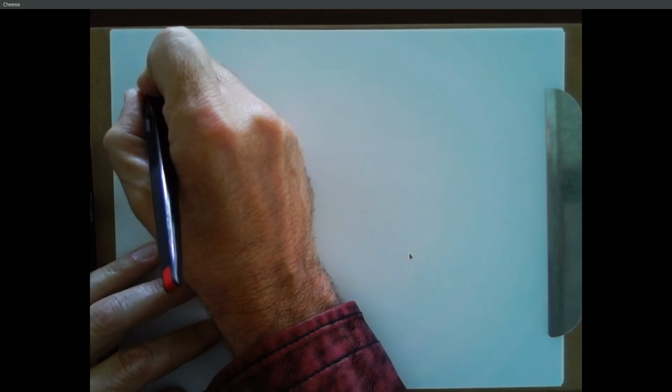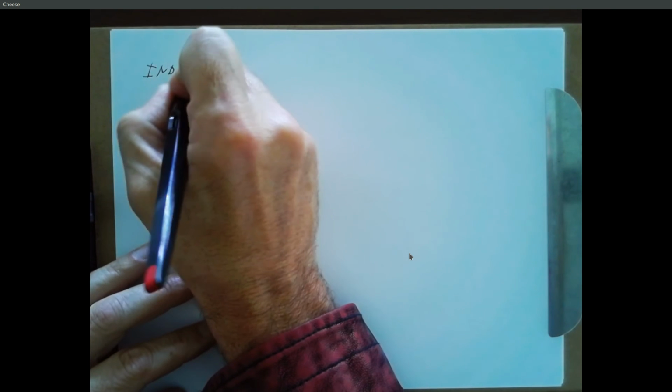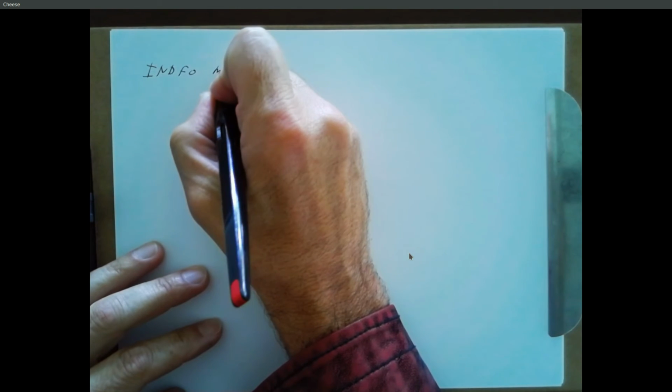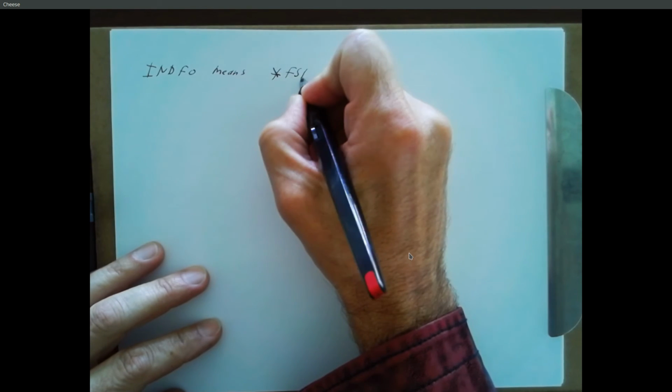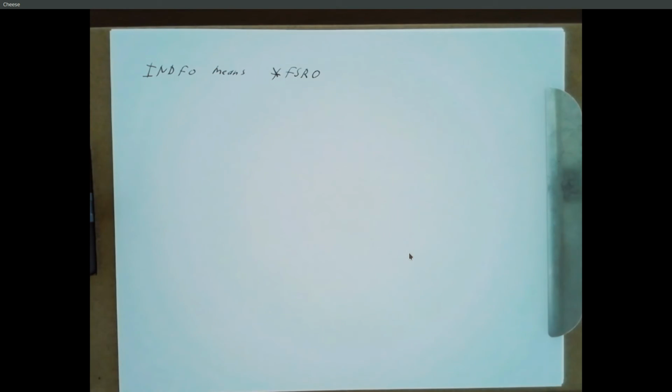All right, let's talk about indirect addressing. If you're comfortable with the language of pointers, INDF0 is just star FSR0.